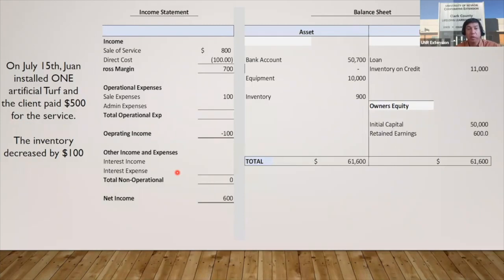We're making money. So $800, because we have the new profit, direct cost of $100. We have the sales expenses from before. We got our net income of $600.